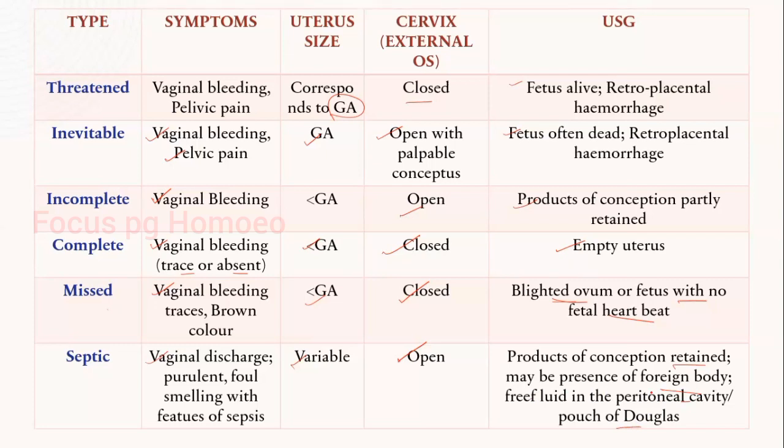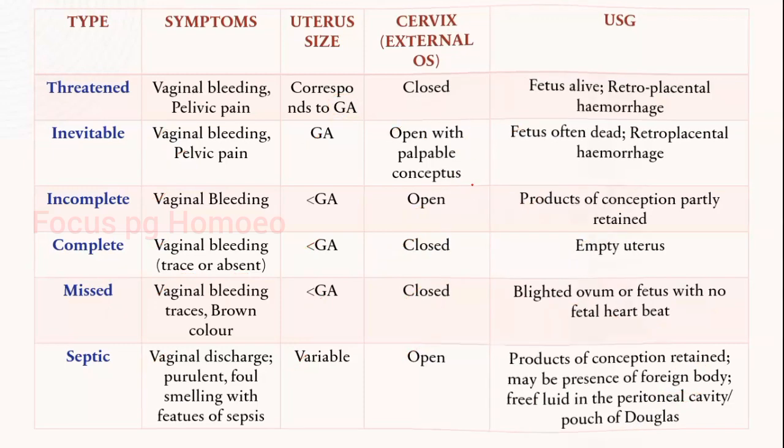So I've put these broadly in a table. Questions can be formed like: the external os of the cervix in inevitable abortion is which of the following? The options can be open, closed, partly open, or open with palpable conceptus. So you have to know these details.